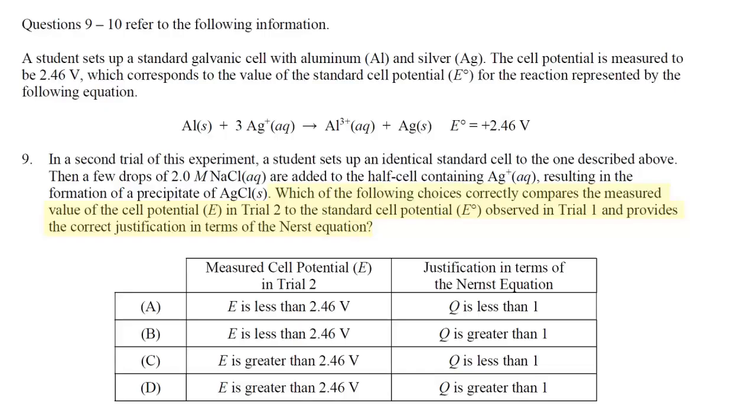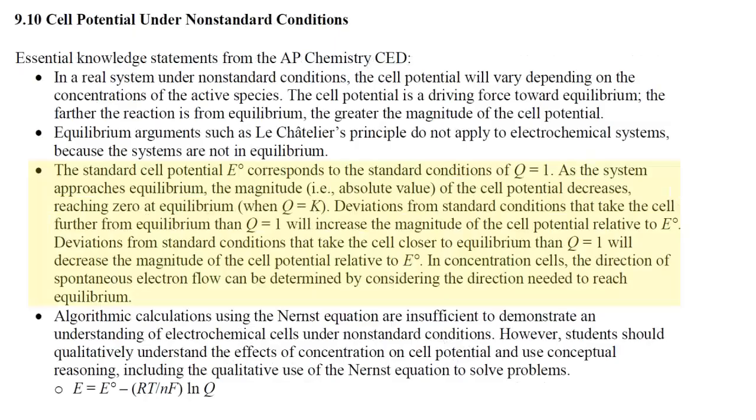So we can see in the 4 choices, is the measured value of the cell potential in trial 2 less than or greater than 2.46 volts, which is the standard cell potential, and is the justification that Q in the Nernst equation is less than 1 or greater than 1. This question falls under topic 9.10, cell potential under non-standard conditions.